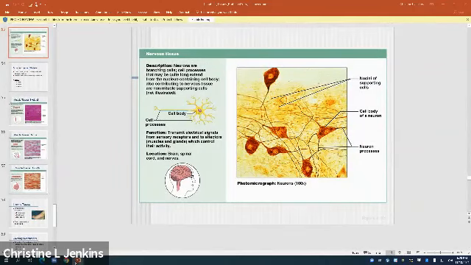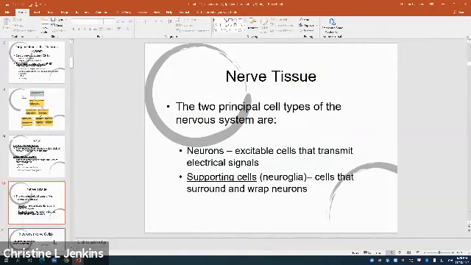Okay. So when it comes to nervous tissue, we have two things that make up nervous tissue, right? We have the neurons. These are the nerve cells. So the star of the show are the neurons. They have that kite-shaped body with the one axon.